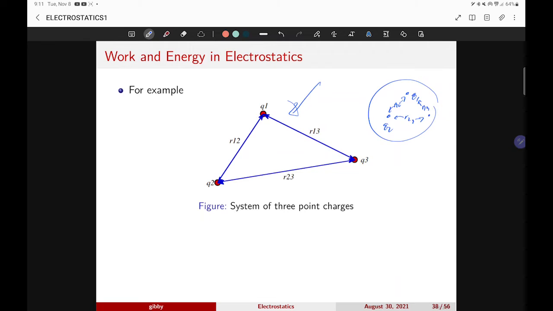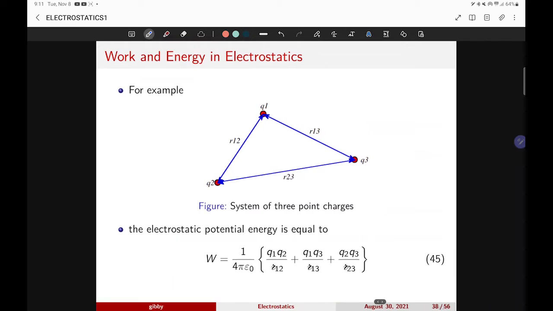Okay, and the work needed para ma-assemble na siya nga system, still we can use the same principle that we did kaganina, which is given by this expression. We have equation 45, right? Okay, so this is for charges Q1, Q2. This is for charges Q1, Q3, and charges Q2, Q3.